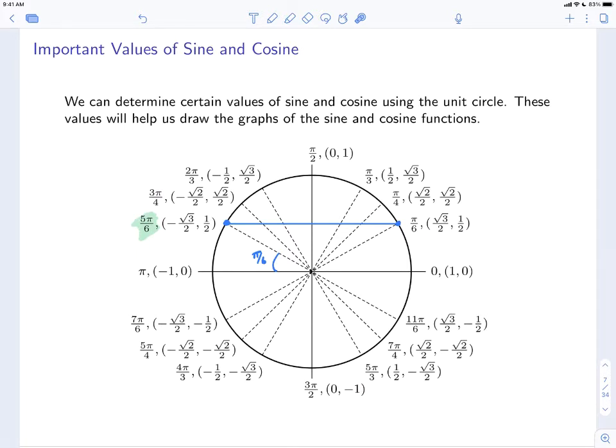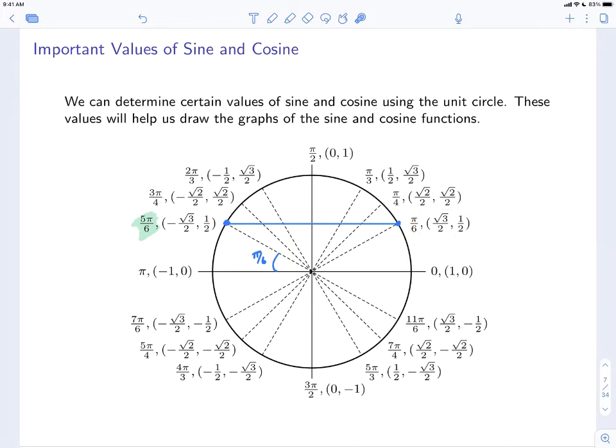The distance away from the y-axis is the same as well, just in a different direction. So instead of moving to the right by square root of 3 over 2, instead I'm moving to the left by square root of 3 over 2. Moving to the left means that I have a negative sign in front. But you can see the values are the same, it's just that one is positive and one is negative.